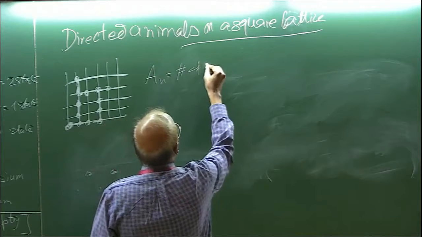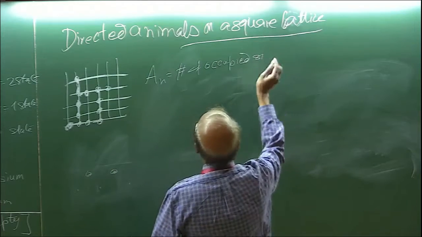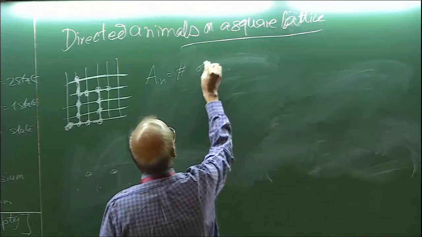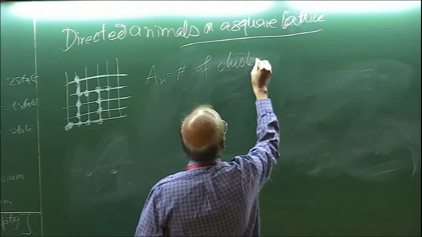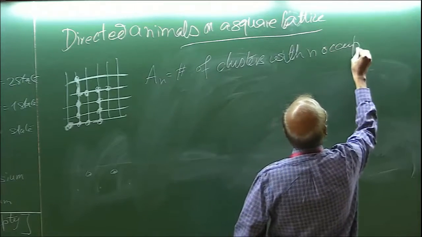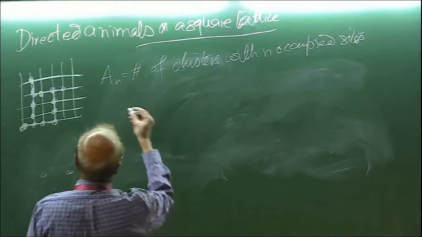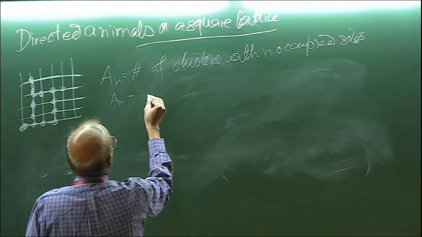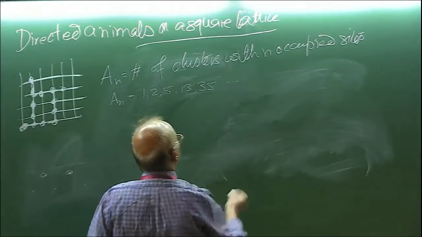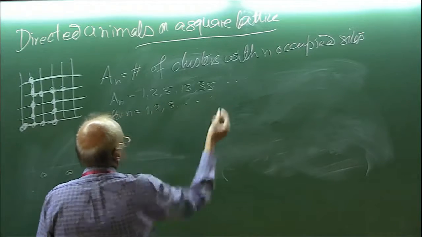An is the number of clusters of n occupied sites. And then we said that an is equal to 1, 2, 5, 13, 35, for n equal to 1, 2, 3, like that.